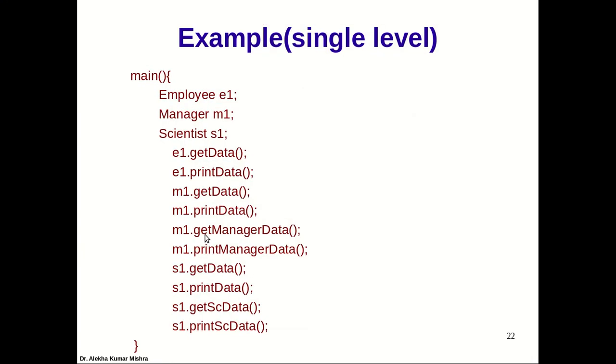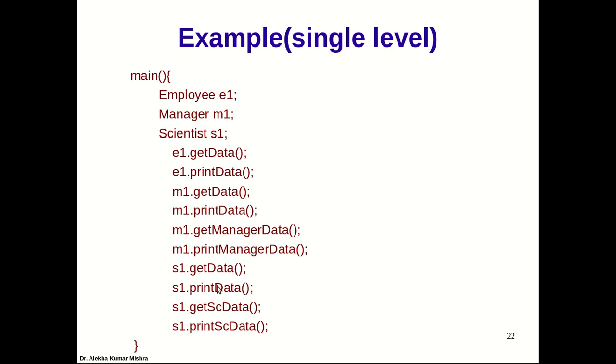So m1 get manager data is going to take the input for the data which has been defined inside the manager class. The publicly inherited data members from the base class employee to the derived class manager are accessible with reference to the object of the manager class.